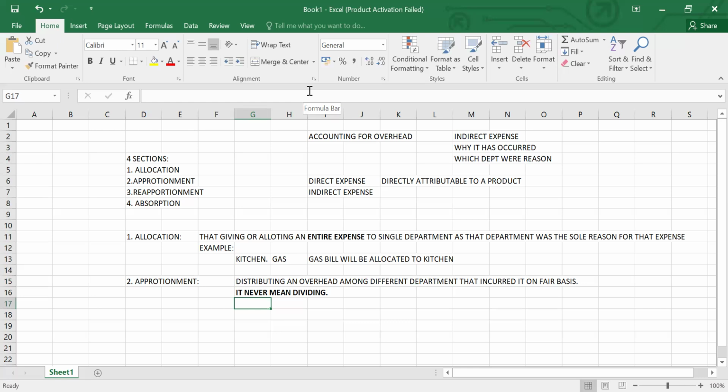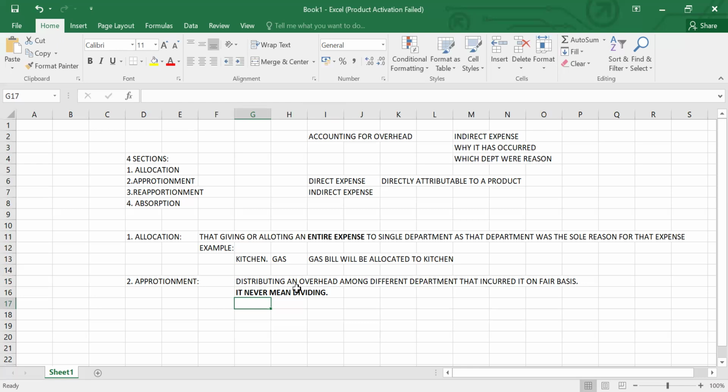The reason might be that they have an equal number of bulbs or fans, or they might be using an equal number of electricity units. So there are certain reasons behind that. But in major cases, apportionment simply means that you distribute an overhead cost among the departments that are incurring that overhead cost on a fair basis.